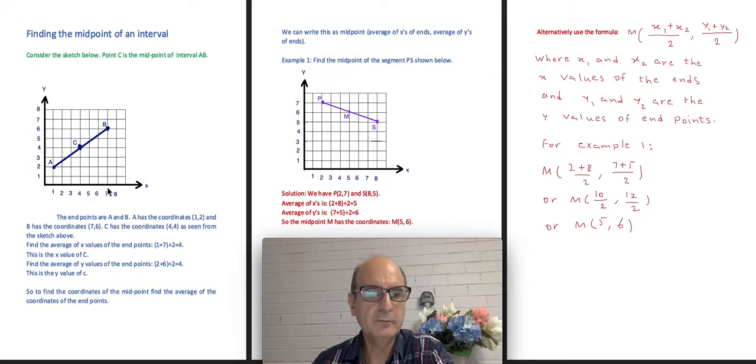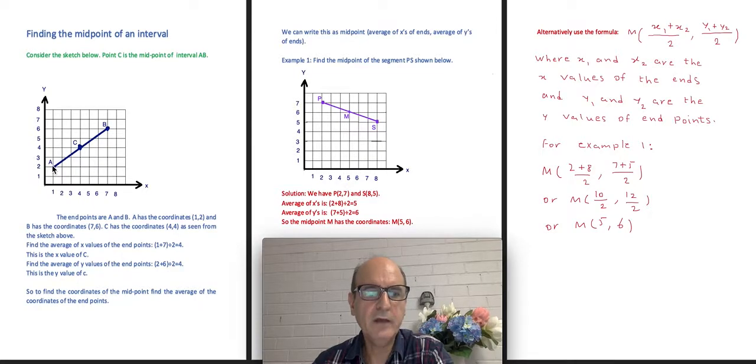Then I divide by 2, I get 4. So this is exactly the x of the point C. So that tells me if I find the average of the x's of the two ends, I get the x of the middle.